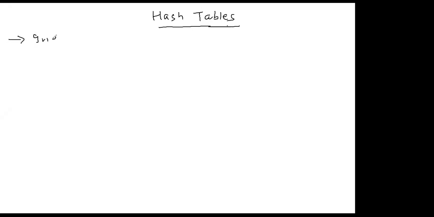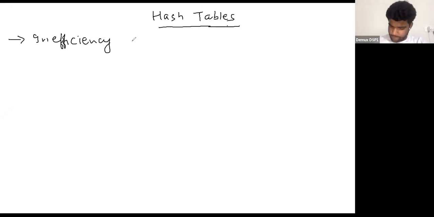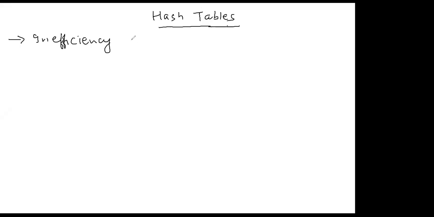So then we introduced hash tables. Then we need to choose a well-behaved function so that space is less and time complexity is less.